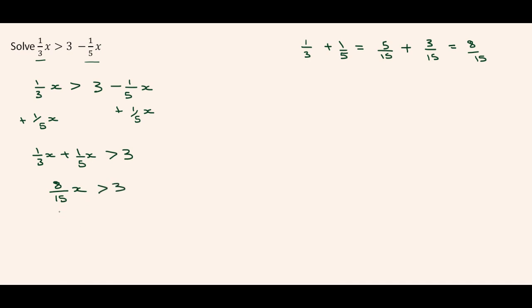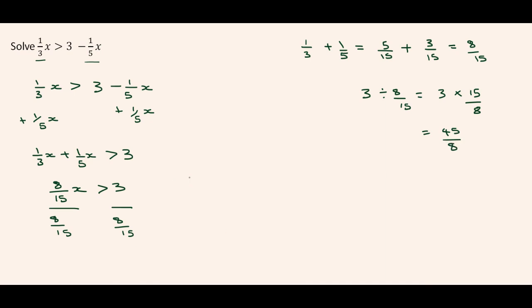So now we're going to divide both sides by 8/15. Let's go ahead and divide 3 by 8/15. It's going to give us 3 multiplied by 15/8, which is 45/8.